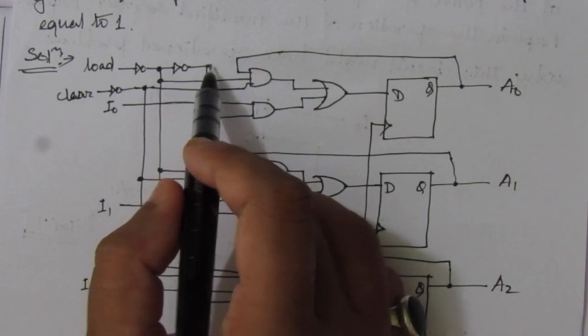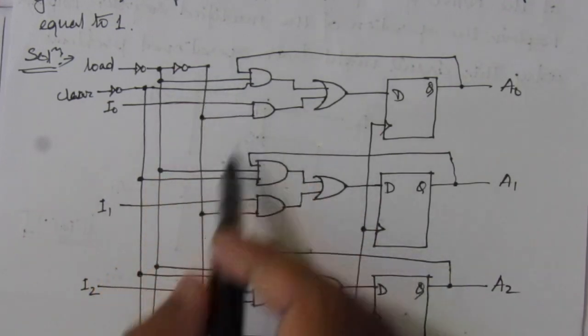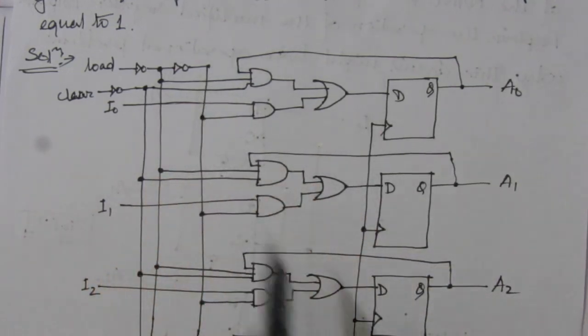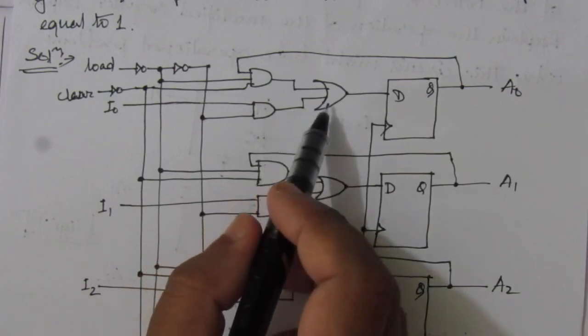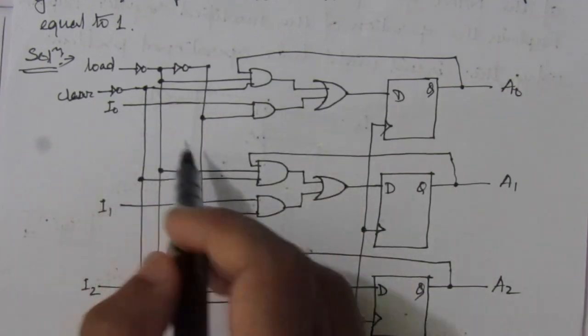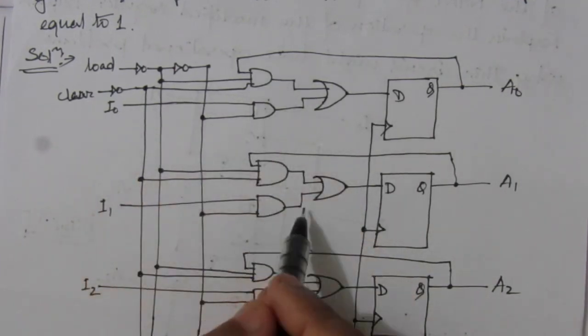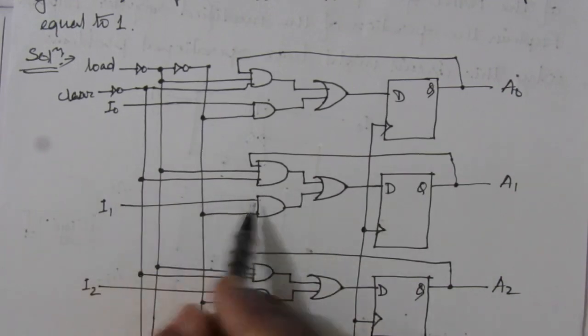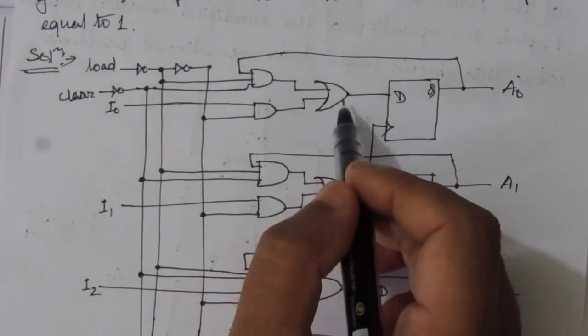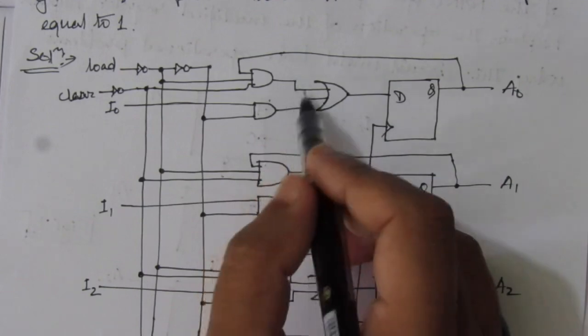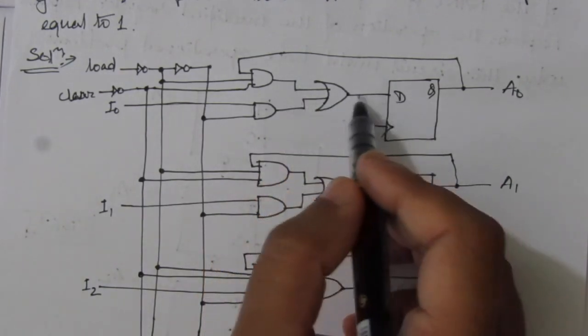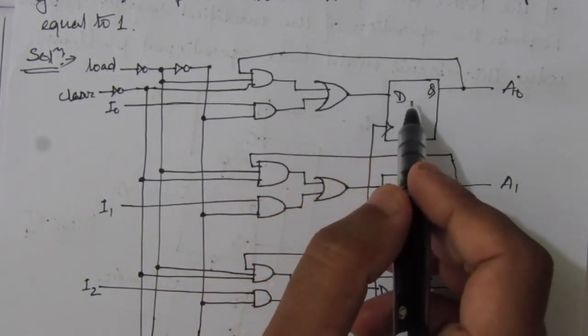After this second inverter we'll have 1, applied to all these lower AND gates. Therefore it will have 1 input if this I0 is 1. Here also you will have 1 input if I1 is 1, and so on. Here we have this OR gate. So if any one of these inputs is 1, this D input will be 1.